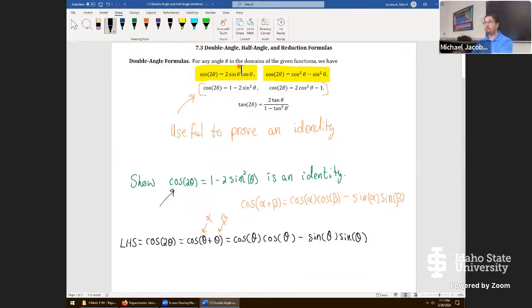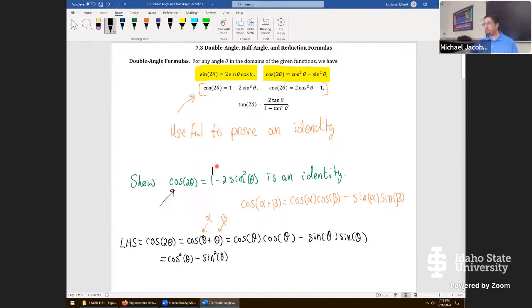We proved this identity by combining like terms. We just got 2 copies of sine times cosine. Here, we're not combining like terms at all. They are not like terms. We're combining like bases. Cosine times cosine is just cosine squared of theta. And I almost put a plus there. That's not quite right. Minus sine and sine becomes minus sine squared of theta.